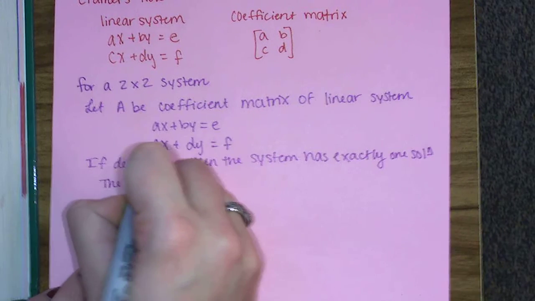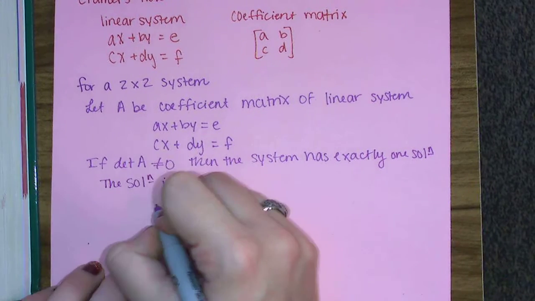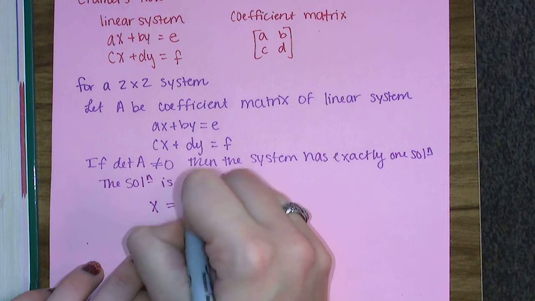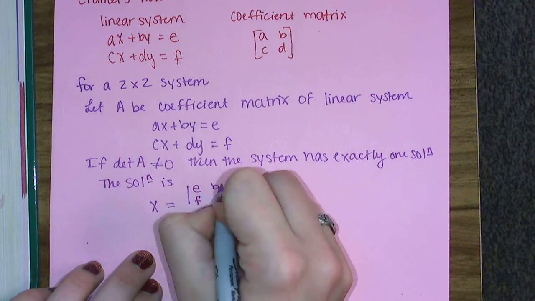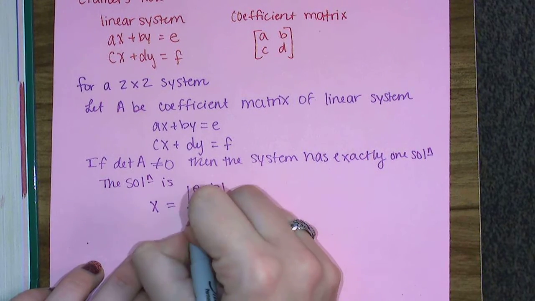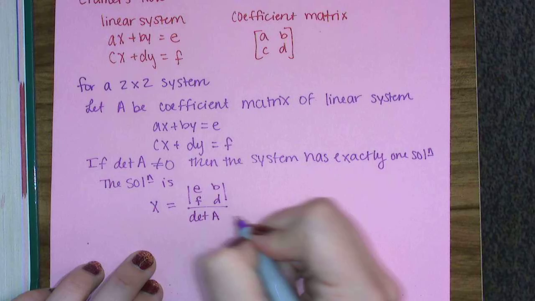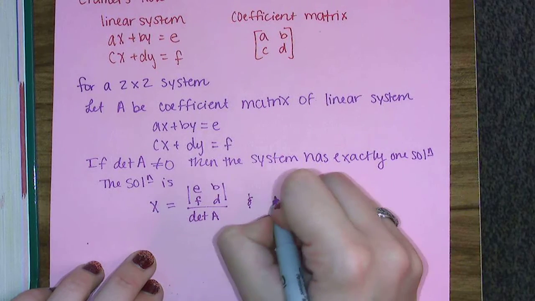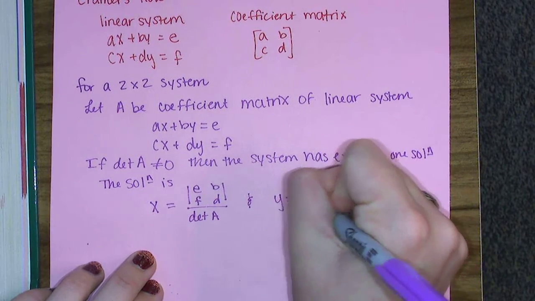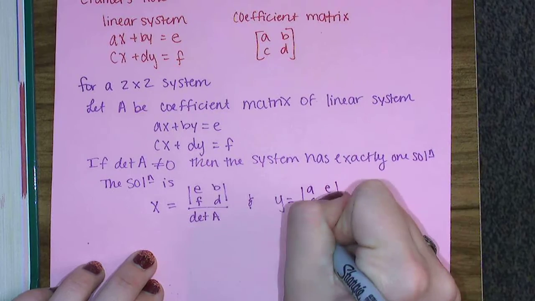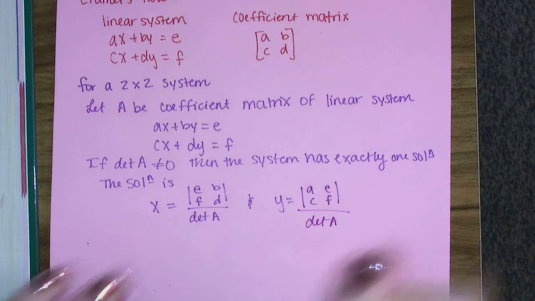The solution is X is equal to the determinant of E, B, F, D over the determinant of A, and Y is equal to the determinant of A, E, C, F over the determinant of A.